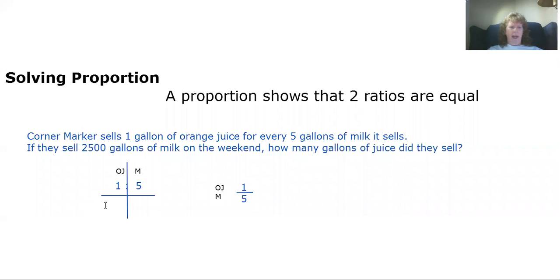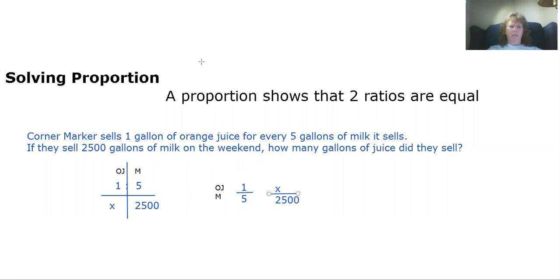If we had an unknown amount of orange juice, I could put X for that unknown amount, and 2,500 gallons of milk. With the ratio written as 1 to 5, the second part would be X amount of orange juice for 2,500 gallons of milk. And I would put a line just there.